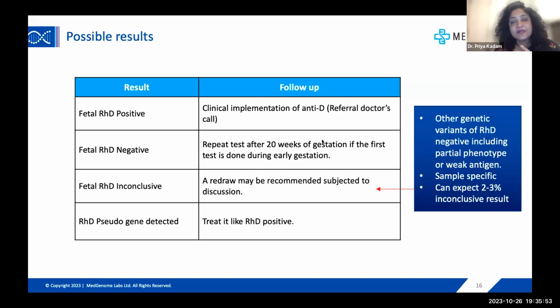So there can be a woman who does not express the protein, but she would have a variant of the RhD gene, and therefore there would be some amount of it showing up in the test result, because the cell-free DNA is supposed to represent the entire genome of the fetus as well. So if the RhD pseudogene is detected, it is also treated as RhD positive.